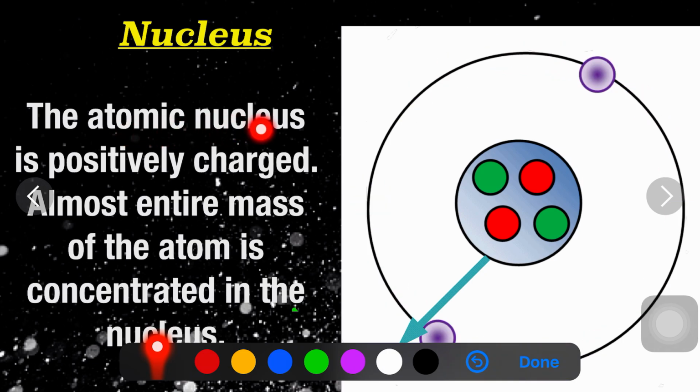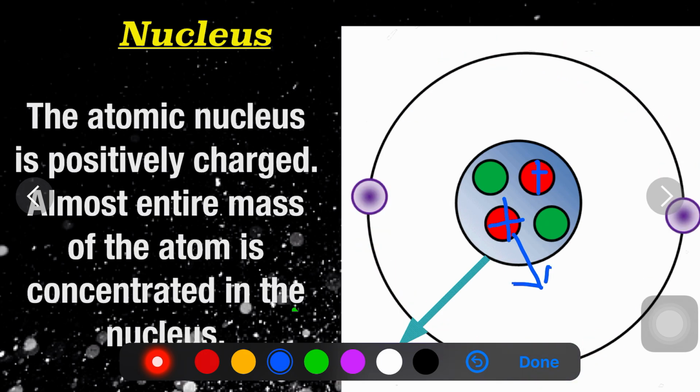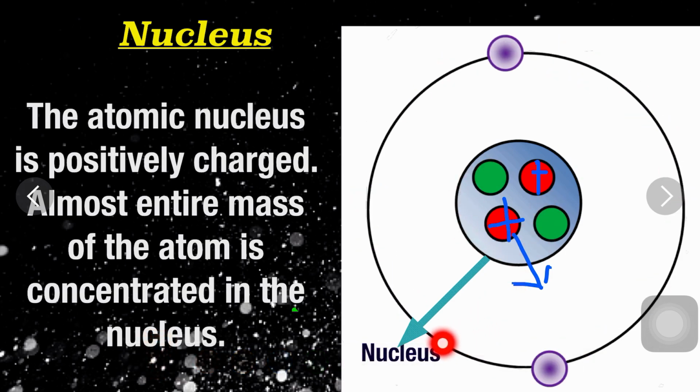The atomic nucleus is positively charged. Almost the entire mass of the atom is concentrated in the nucleus, meaning the mass of the atom depends upon the nucleus, as it is already concentrated in the nucleus.